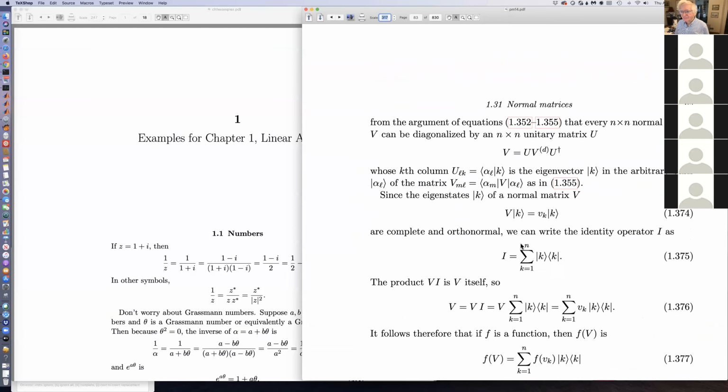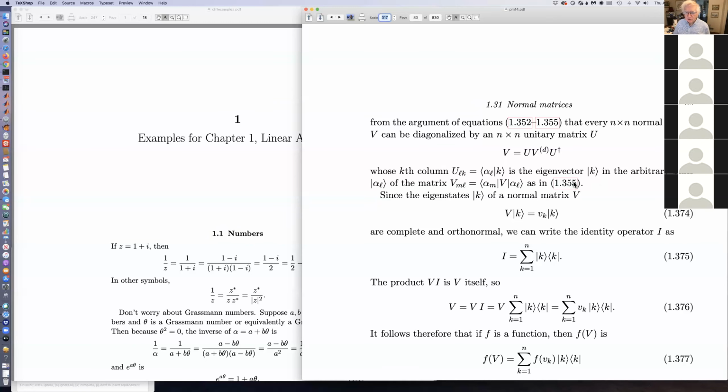So what we have finally is that every n by n normal matrix V can be diagonalized by an n by n unitary matrix U, and the kth column looks like this. It is the eigenvector in the basis alpha of the matrix.